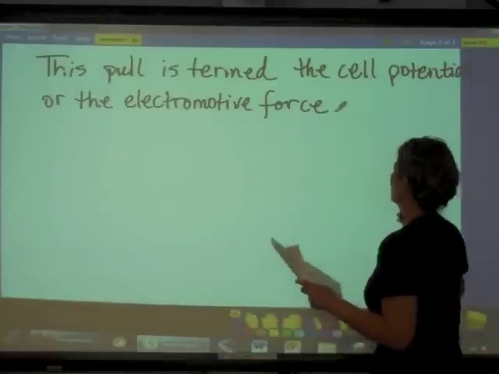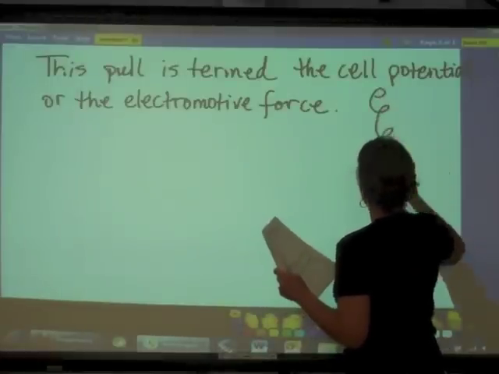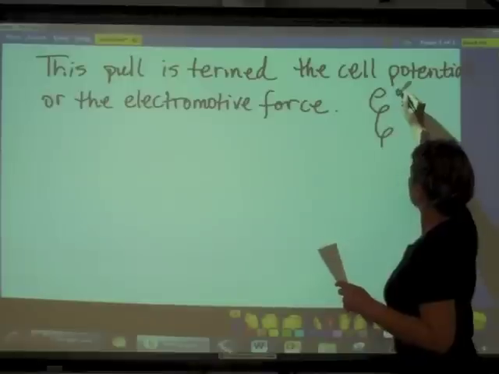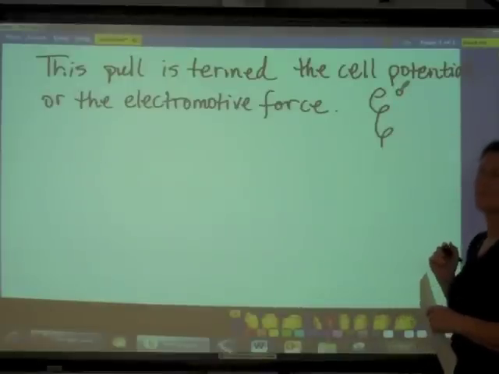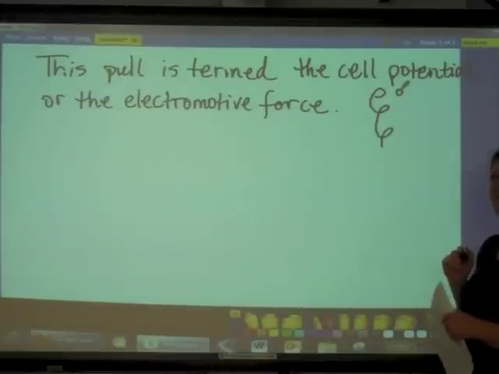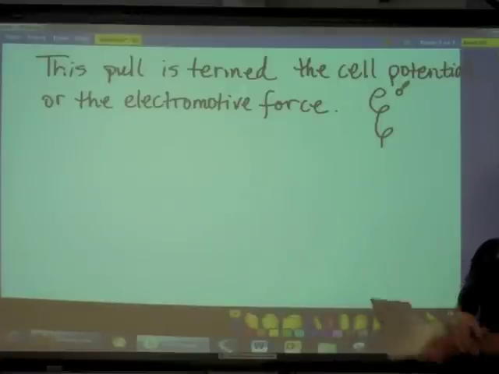The abbreviation is a really pretty E. What's the unit of the pull of electrons, do you think?